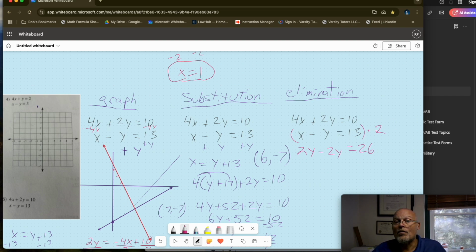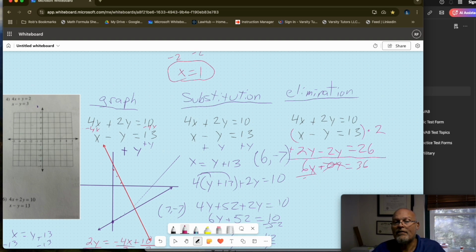And now if I ignore this and I look here, I know that I can add again and get rid of my y. So now when I add, I will get 6x plus 0y equals 36. That goes away.